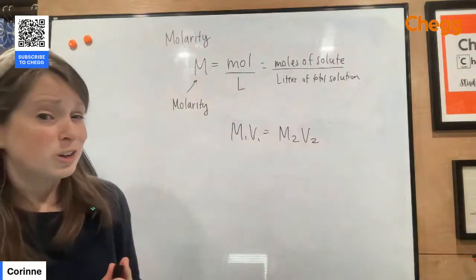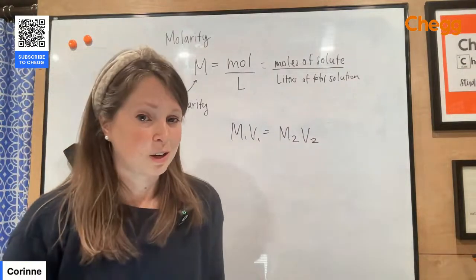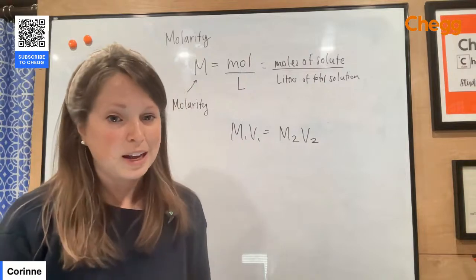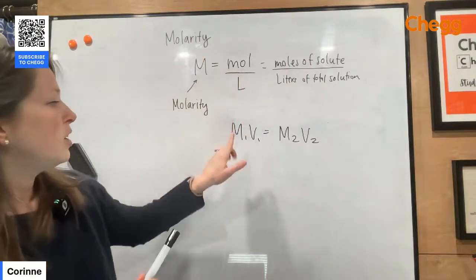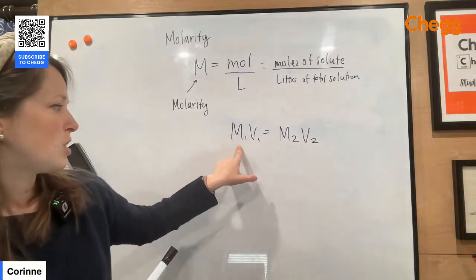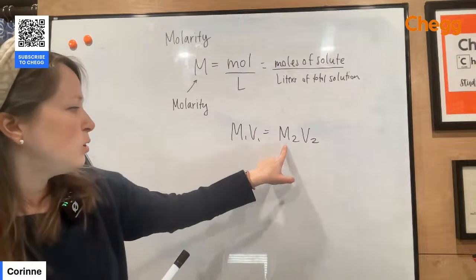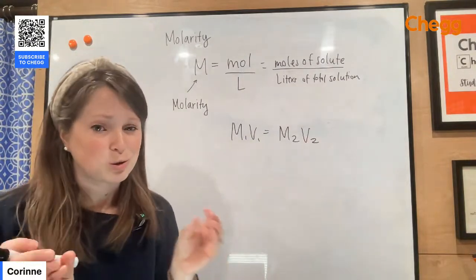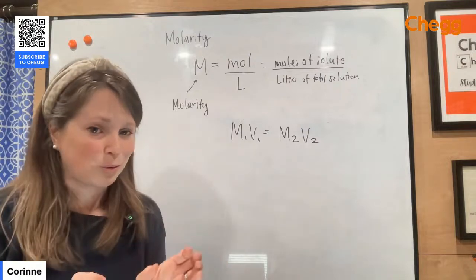When you add water, are you changing the amount of the solute, the amount of hydrochloric acid, in that solution? No, you're just diluting it. So we're not changing the moles at all. So we can say our initial volume times our initial concentration is equal to our new concentration times our new volume, because the moles have not changed. So we can write those two expressions and set them equal to each other.